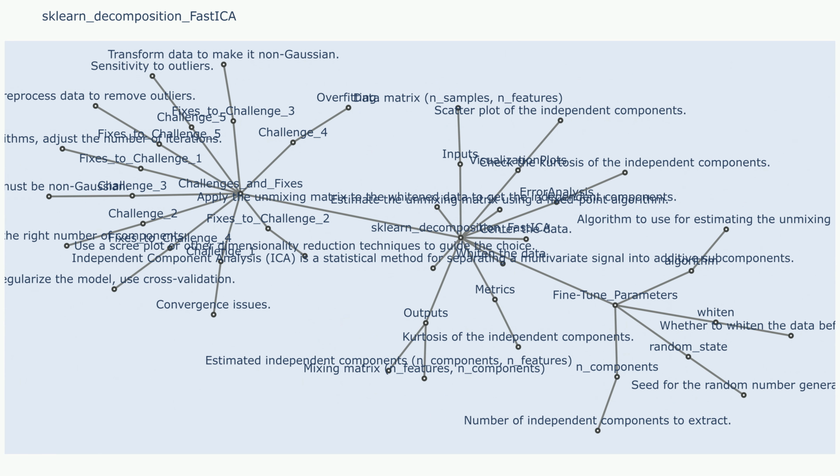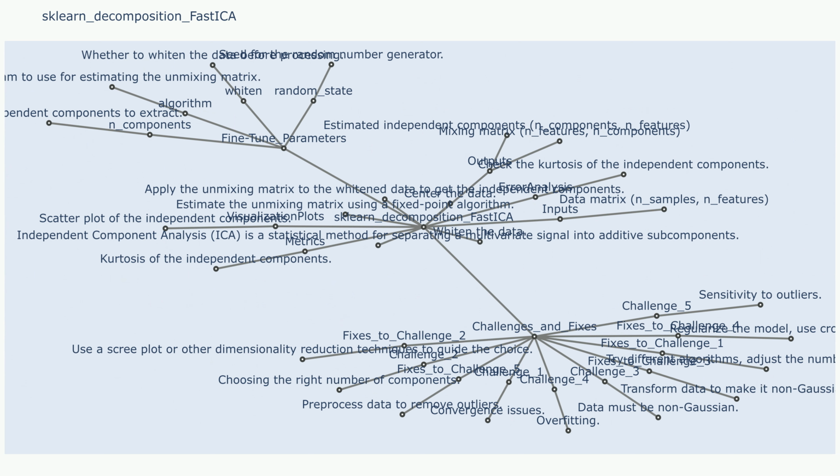Metrics. Kurtosis: kurtosis measures the peakedness of a distribution. Independent components are typically expected to have high kurtosis, indicating a more peaked distribution compared to Gaussian noise. Mutual information: this metric quantifies the statistical dependence between variables. For independent components, the mutual information should be close to zero.